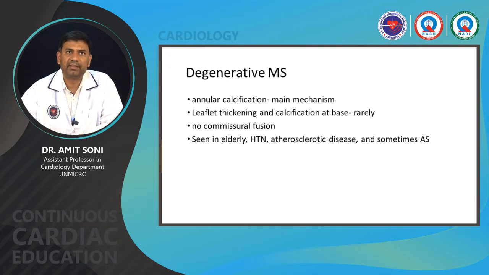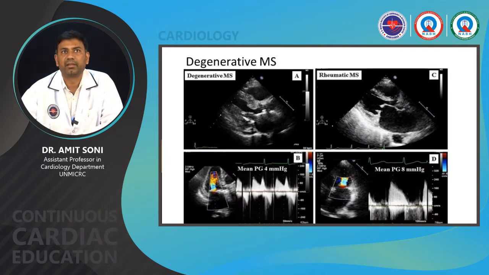It is seen in elderly, hypertensive, atherosclerotic disease patients and sometimes in aortic stenosis patients. So this is how degenerative mitral stenosis looks like and how rheumatic MS looks like. We can see there is annular calcification, and in rheumatic MS there is chordal and commissural fusion.